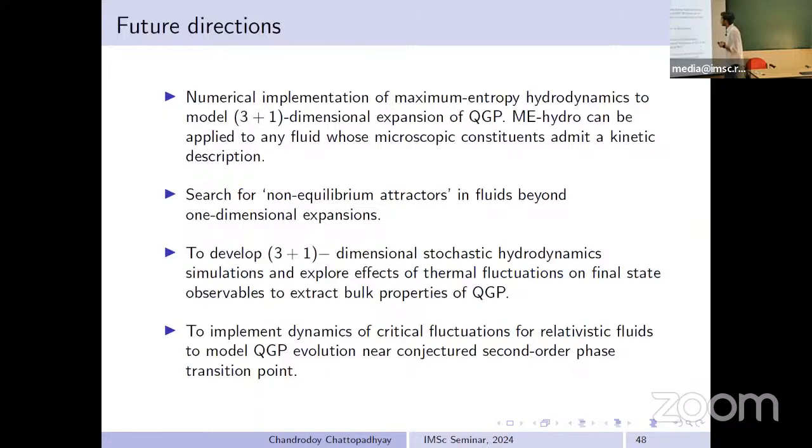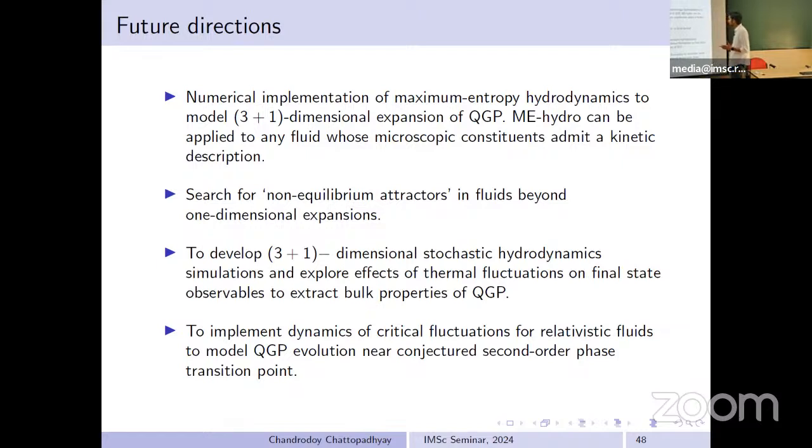But this has just been formulated. Numerical implementation has to be done, which we plan to do. And importantly, this hydrodynamic procedure can be applied not only to fluids that are typically formed in heavy ion collisions, but also more generally. And then there is an effort to search for non-equilibrium attractors in fluids beyond one-dimensional expansions.